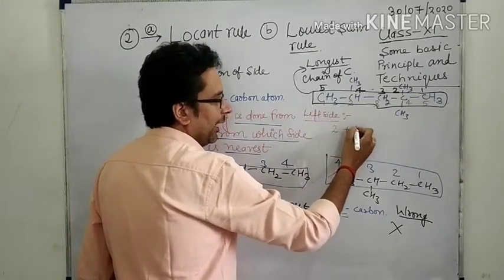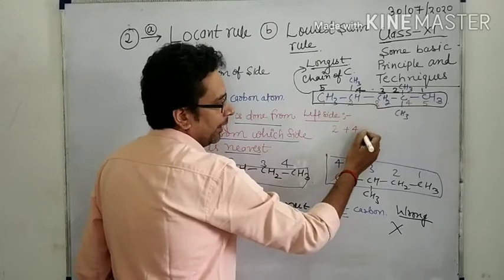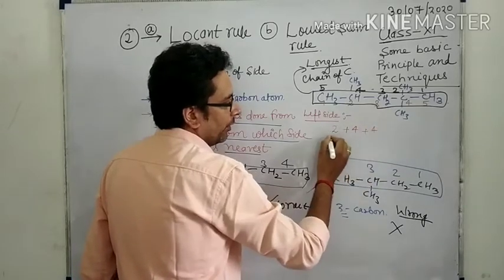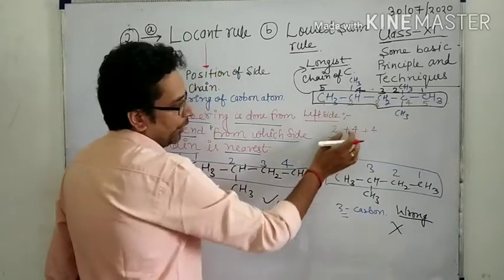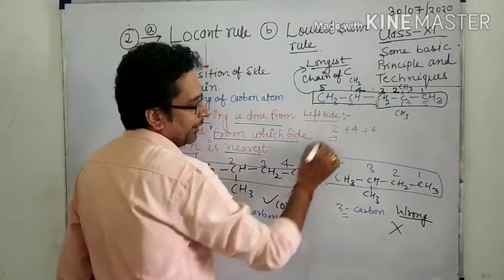So here we add 4 for 1 and 4 for 2. Now the total is 4 plus 4, 8, 10.